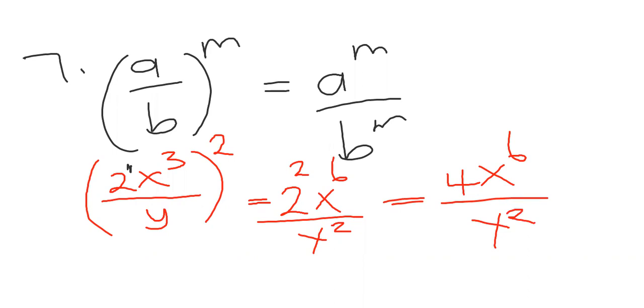Then the last rule says, if you have a to the power m over n. Now, what this rule is saying is, your power is a fraction.